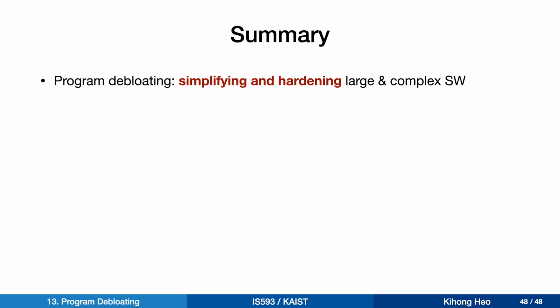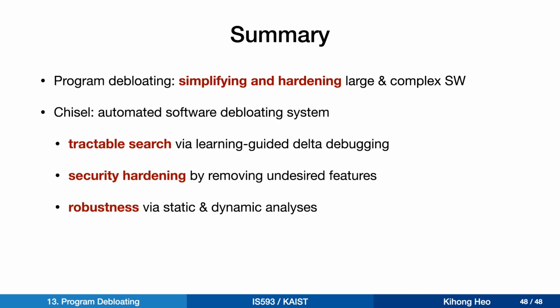Okay, let me summarize this lecture. We have learned a technique called program debloating that simplifies and hardens large and complex software. One example is the Chisel system, which does tractable search using learning-guided delta debugging and security hardening by removing undesired features.